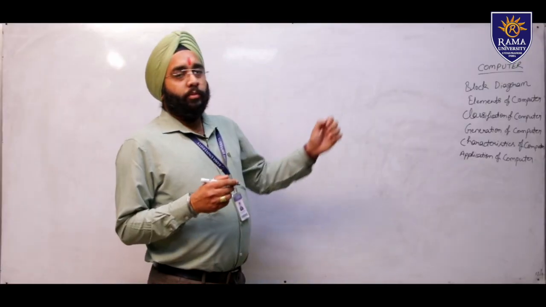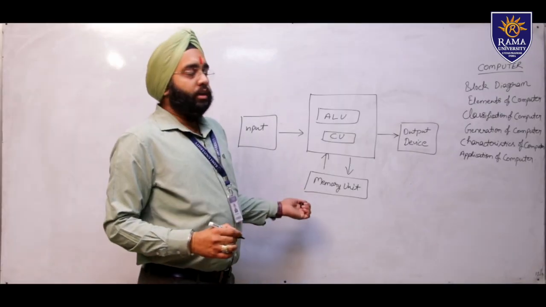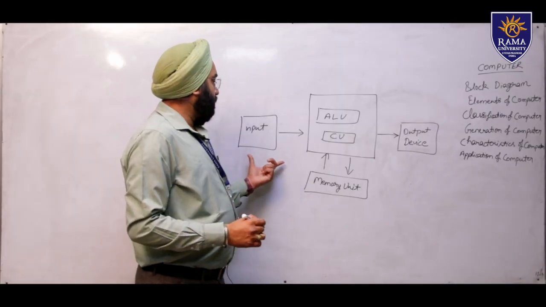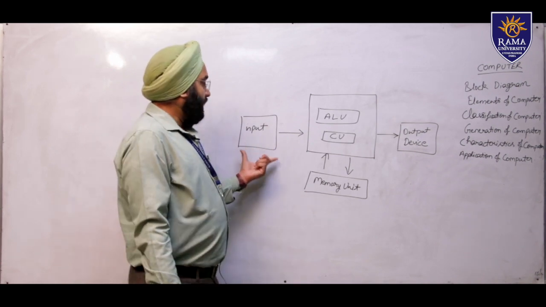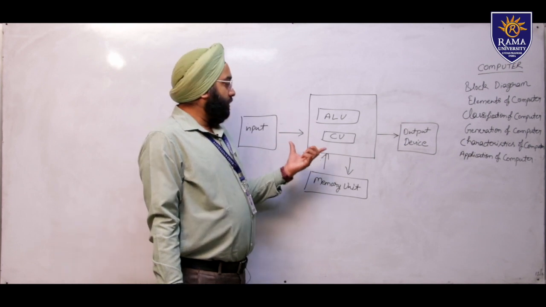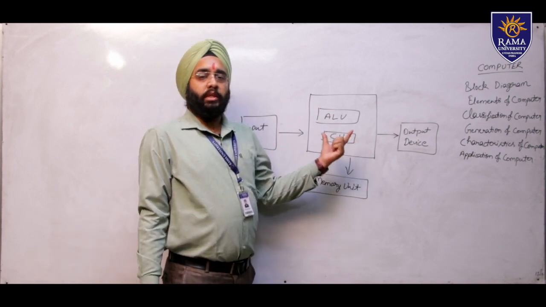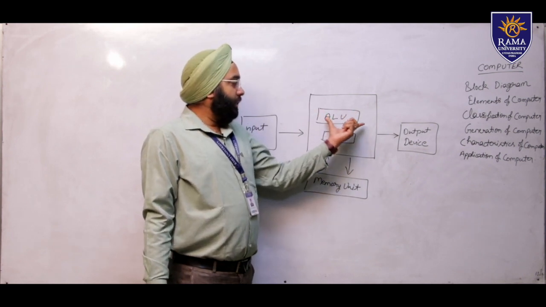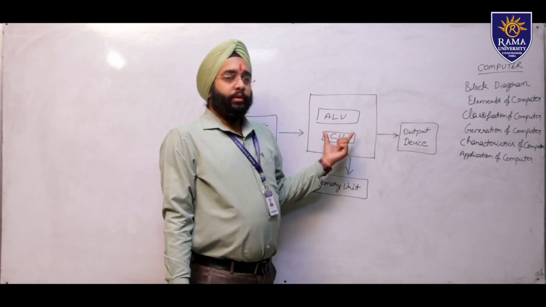Now we will talk about the block diagram of the computer. This is a block diagram of our computer system. As you can see here, we will start with the input device. With the help of the input device, we give the data or information to the computer system, which is processed by the ALU and CU. You know what is the difference between the ALU and CU?